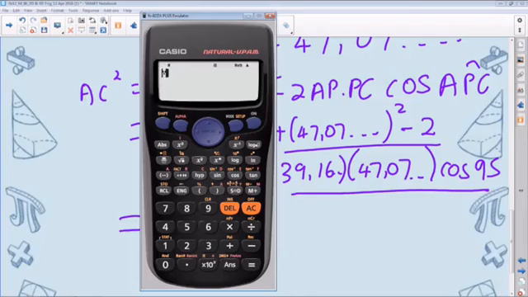So it's going to be M squared plus I go alpha A, that's going to be squared, minus 2 times M times A. So it's storing all the numbers that are in M and A. And then it's going to be times cos of 95.